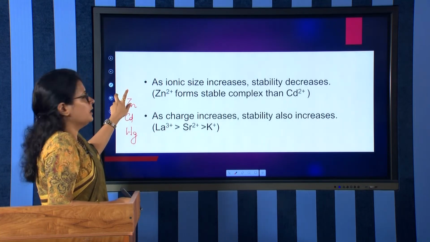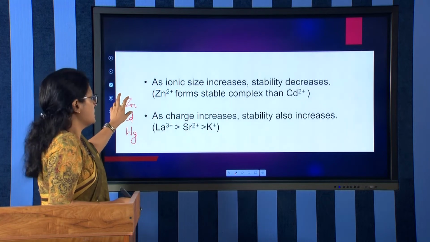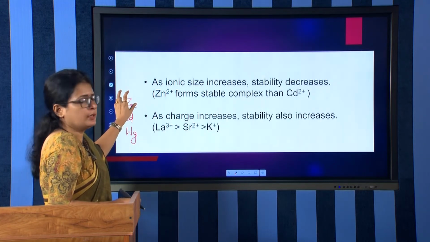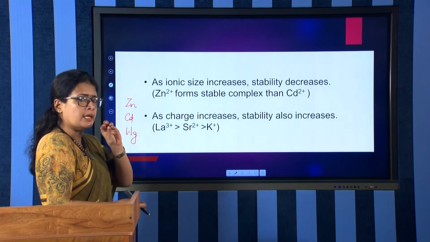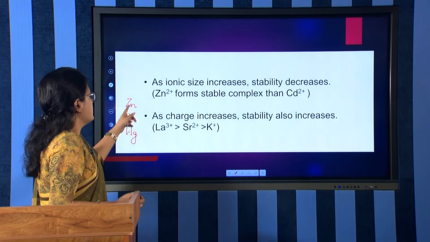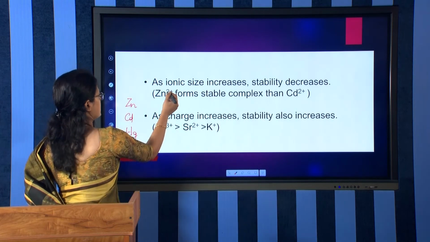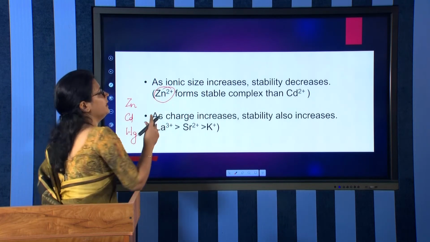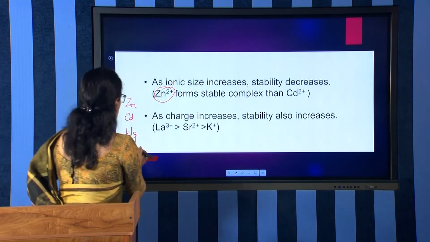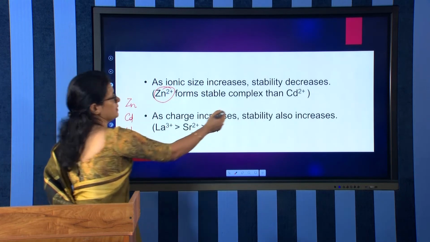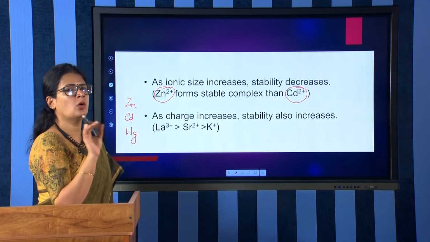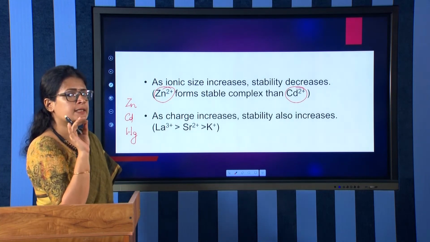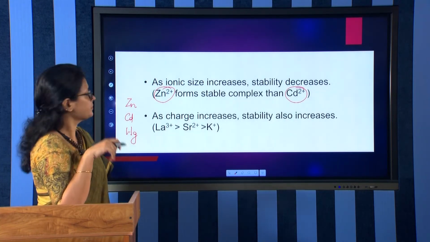The element on the top position will have a smaller size, and Zn2+ is very small when compared to Cd2+. So zinc forms a stable complex since the ionic size is less for zinc.